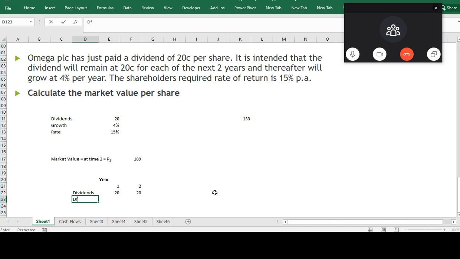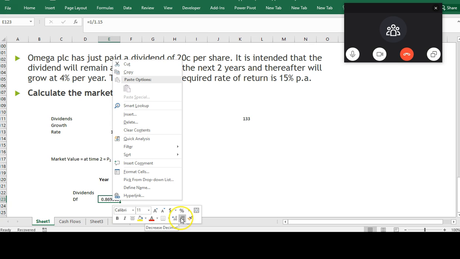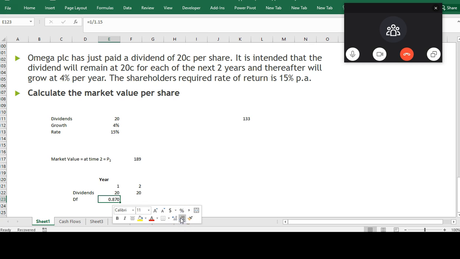Give me the discount factor of 15% in year one. It is actually 0.870. In the second year, it is this.